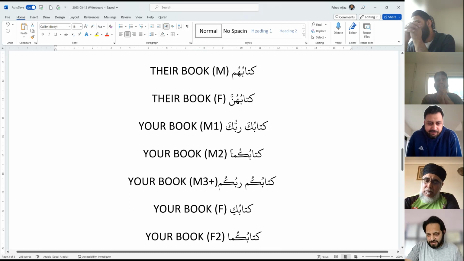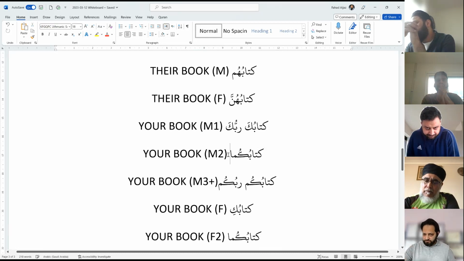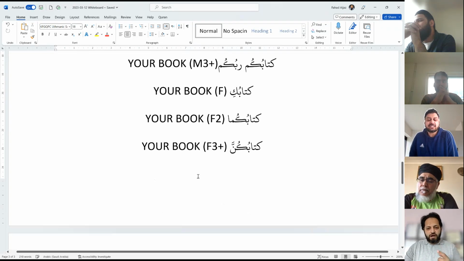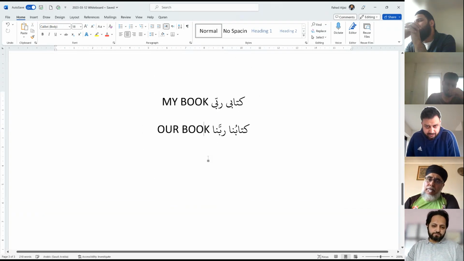So now you're not asking whether it's rafa, nasab or jar, you're very sure it's jar because it's part of the idafa fragment. You know it is mudaf ilayhi and it has to be jar. Now I will give you another always rule.